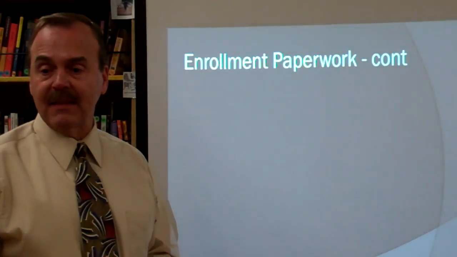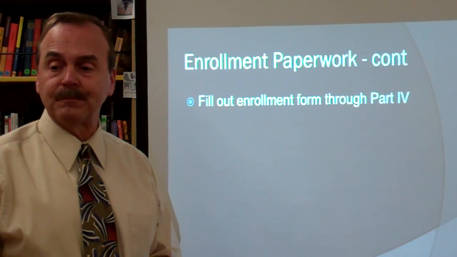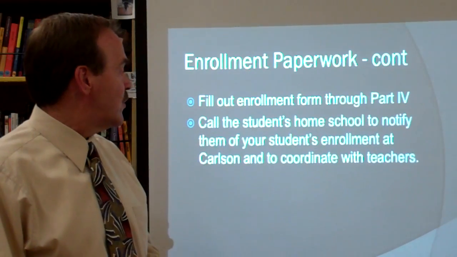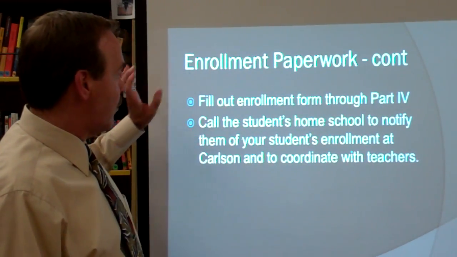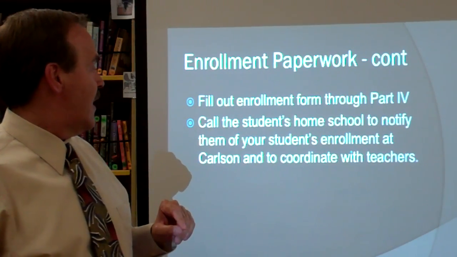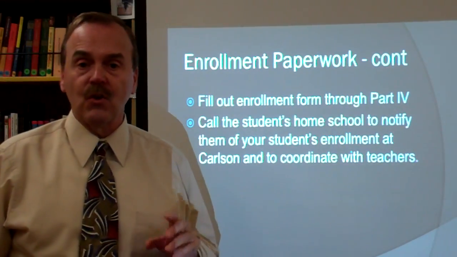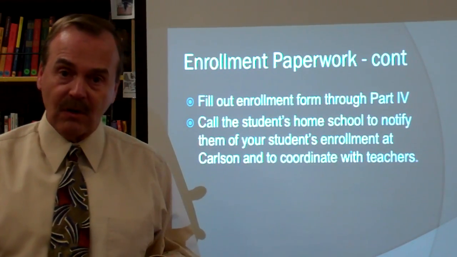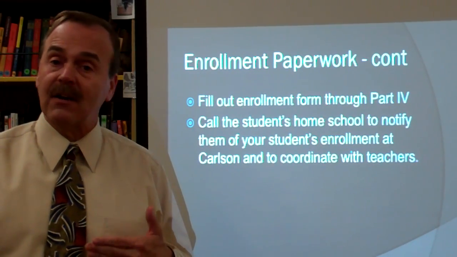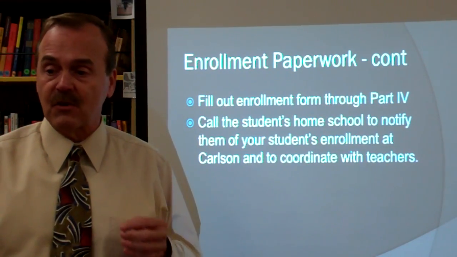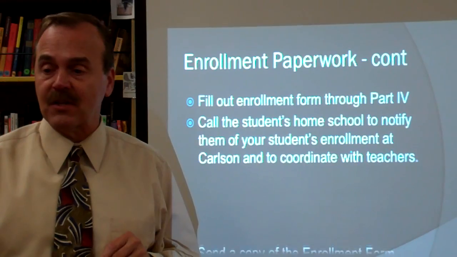And let's see, the enrollment paperwork. When you enroll the student, you want to fill out parts 1 through 4, which includes the classes. Then you'll want to make sure you give the student's home school a phone call so you can talk with the teacher to find out where they were instructionally, and make that connection.